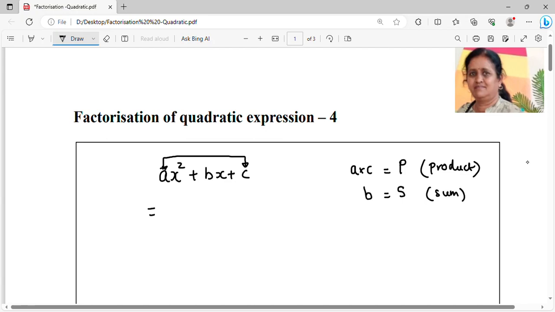It is simply that we take the coefficient of x squared and c and write it as a product, and the coefficient of x to be the sum.